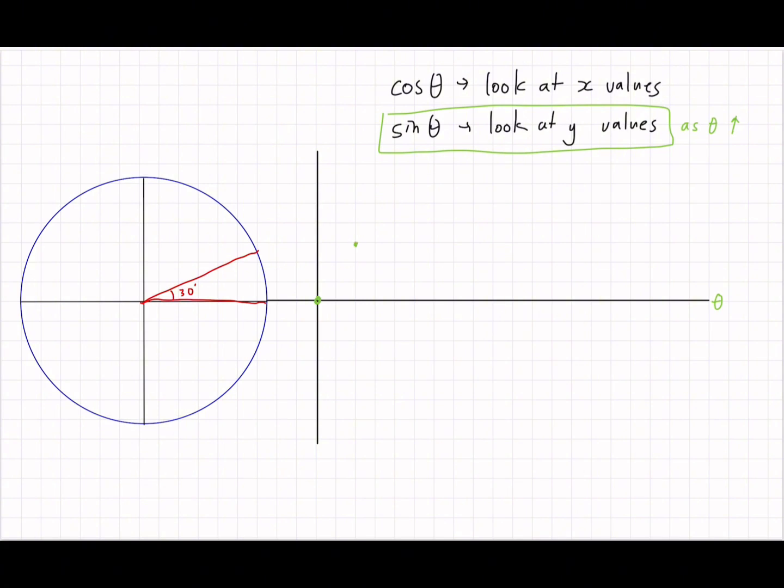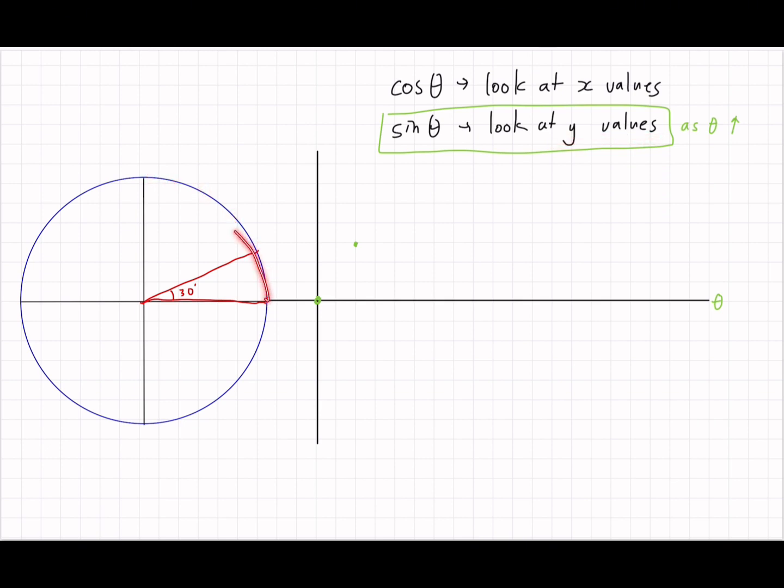And then this is what we've been doing, but this is a better explanation because you can see with your eyes that as this angle increases, as this point goes from here to here to here, the y value is increasing, right? The y value is increasing.